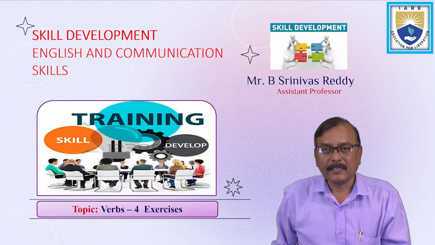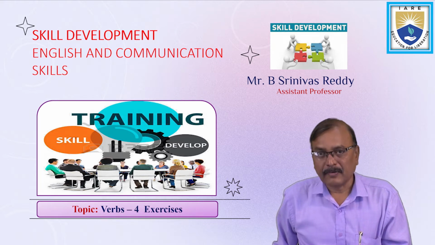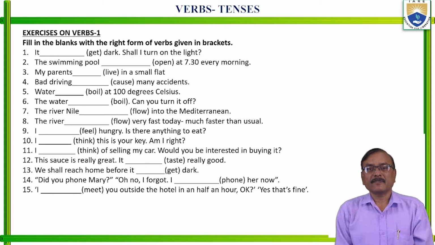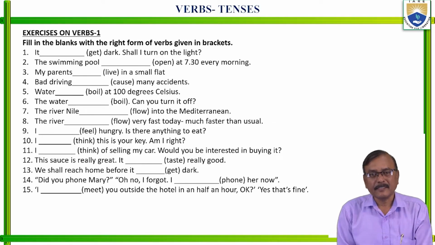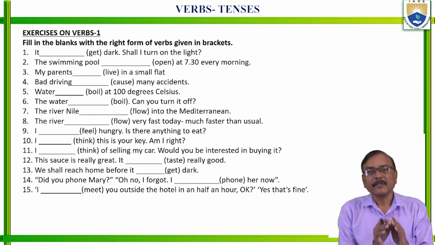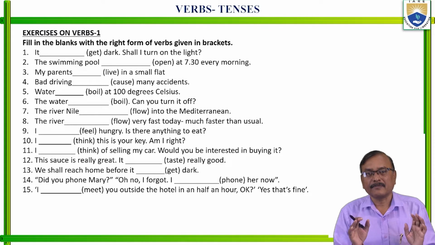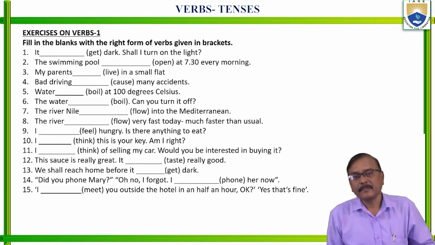Let us practice some exercises, and if we practice we get clarity. How to identify the time of the action, how to identify the tense, and how to choose the right form of the verb. This is the objective of this class.